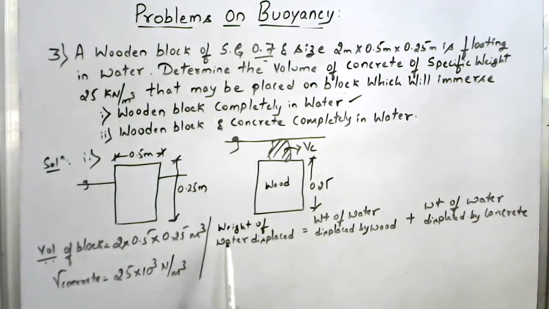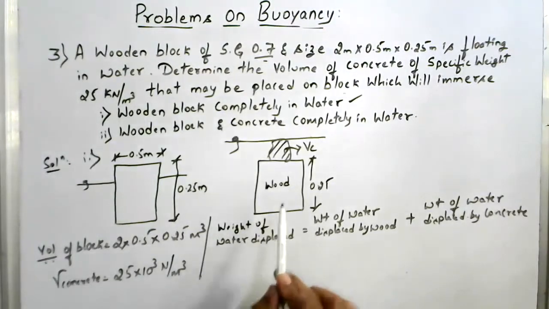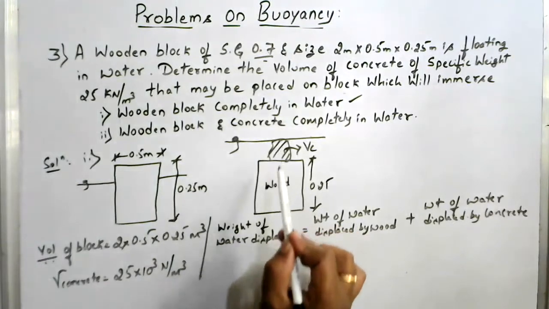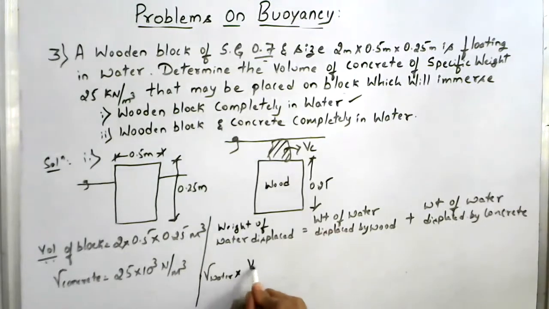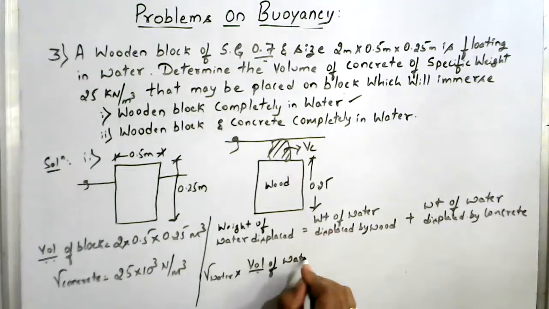So therefore here, for the weight of the water displaced, you observe the sketch now, both concrete as well as the wood are under the water. Therefore this weight of the water displaced is nothing but the density of water multiplied by volume of water. Okay, so be careful this time.